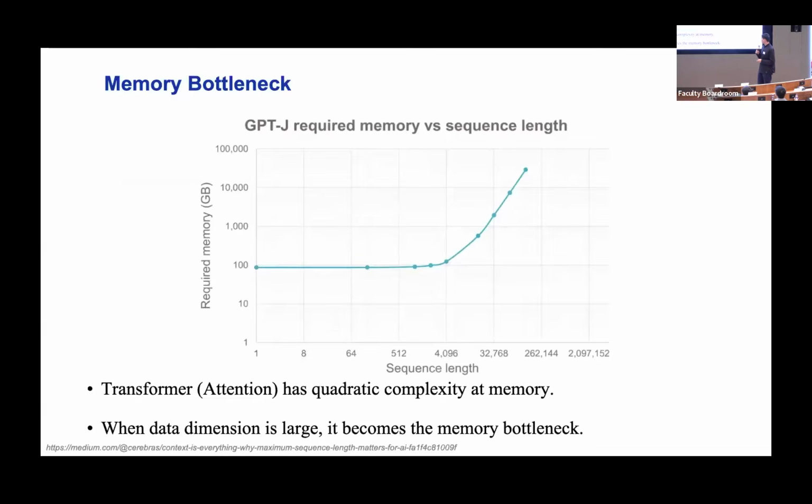Here is also some data. The horizontal axis is sequence length. The vertical axis is memory cost for training GPT-J. You see, when the sequence is very long, the memory cost is huge.